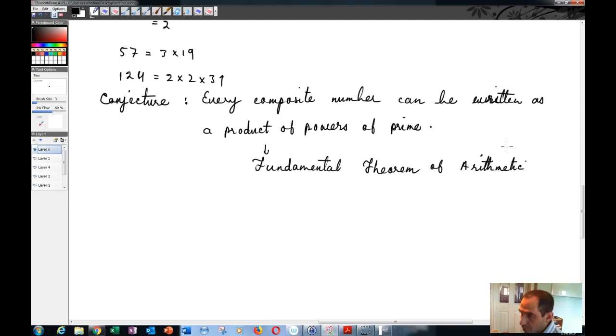It deals with numbers. And everything in mathematics finally boils down to numbers. So this has been called the Fundamental Theorem of Arithmetic.